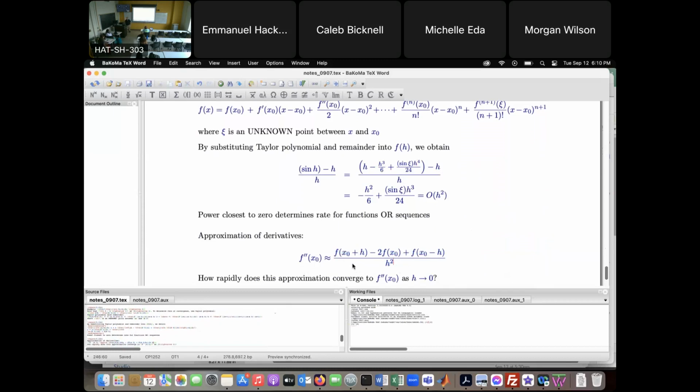For now, you can take my word for it, but when we get to chapter 9 later in the semester, you'll see how approximations of a derivative like this are derived. But what we want to look at here is, if this converges to the second derivative as h goes to 0, how rapidly does it do so?